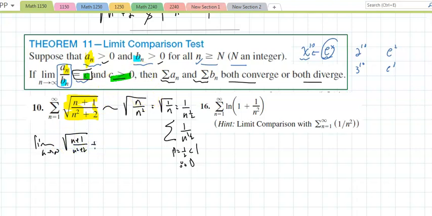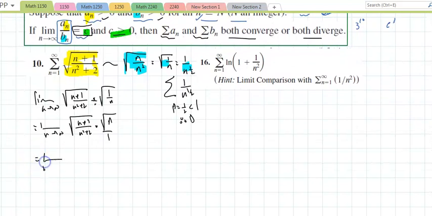Now, I already know that when I take the limit as n approaches infinity of the given divided by b sub n, b sub n is any of those. If you really want to save time, stick with this. Divided by the square root of n over n squared. That's the limit as n approaches infinity of the square root of n plus 1 over n squared plus 2 times the square root. Actually, I could use 1 over n, right? That's the same thing. So that's n over 1.